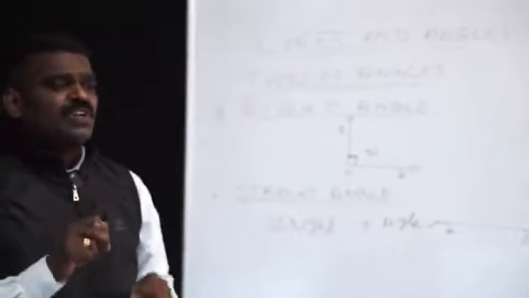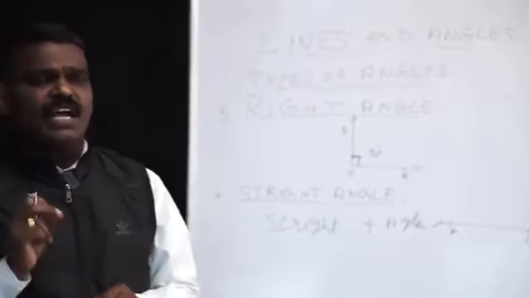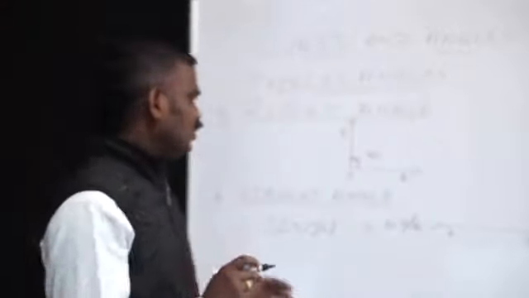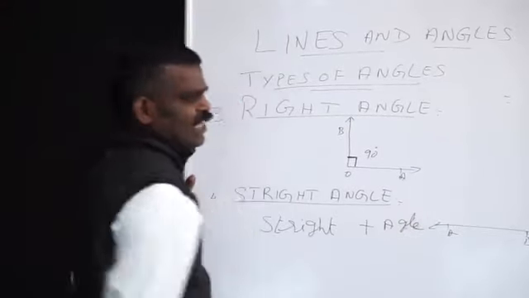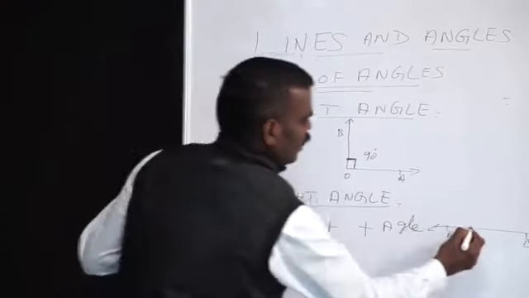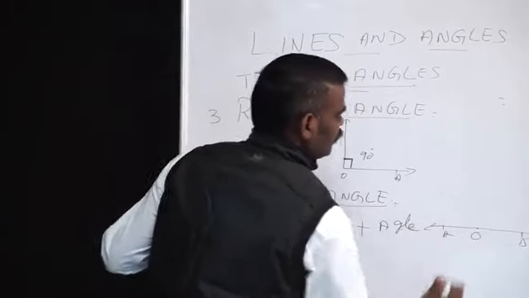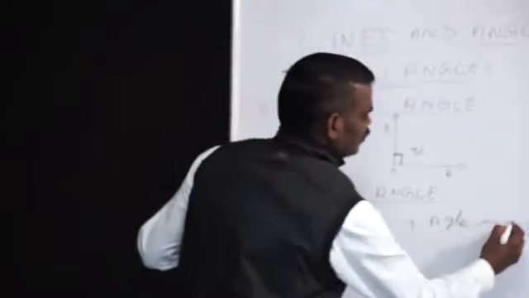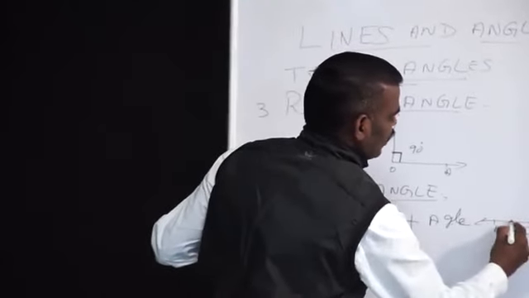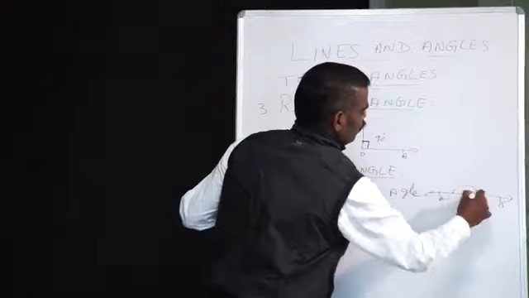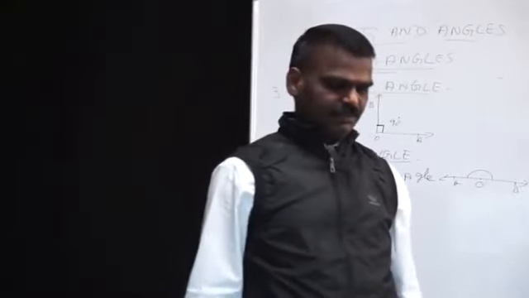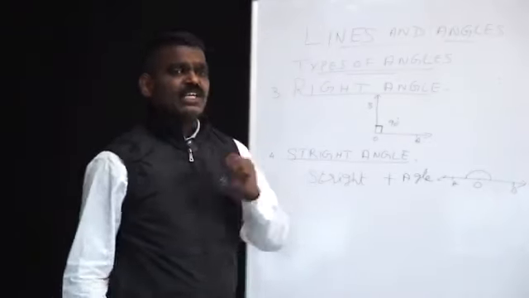The angle which is on the straight line is called straight angle. This is not an angle, this is straight line AB. Suppose there is an angle, now this becomes angle AOB. Angle AOB. This is called what angle? Straight angle. So what is the degree of straight angle?